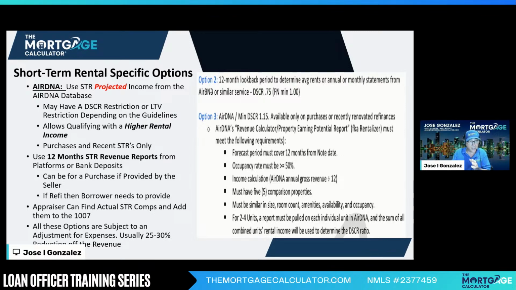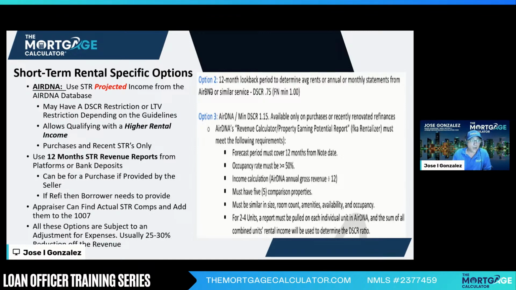Whatever 10 months income you got, average it out over the year instead of the 10-month average, because you only have 10 months. And then we have the scenarios where the appraiser can actually find short-term rental comps and add them to the 1007. But in that case, the appraiser usually has to comment on the seasonality of the short-term rental comps and adjust accordingly.